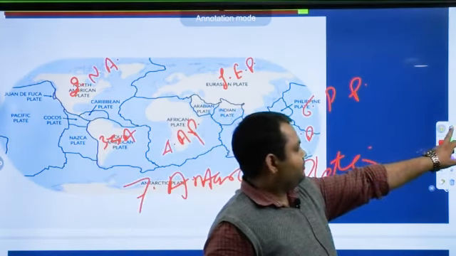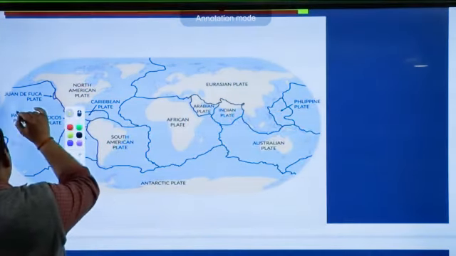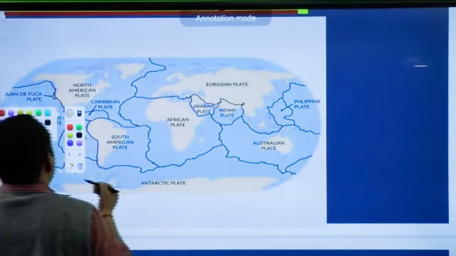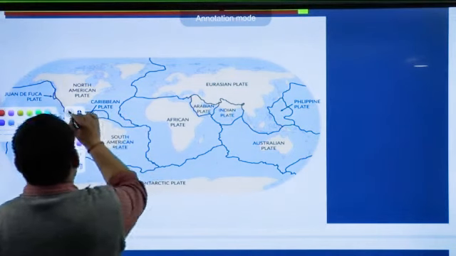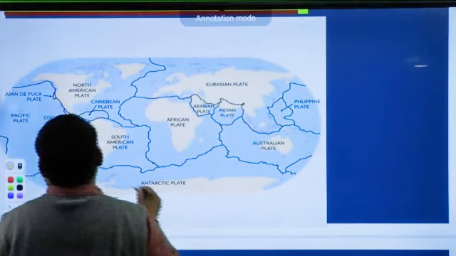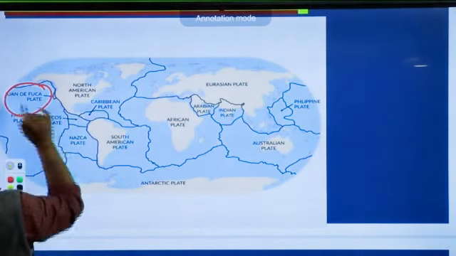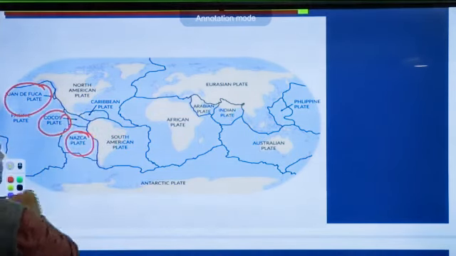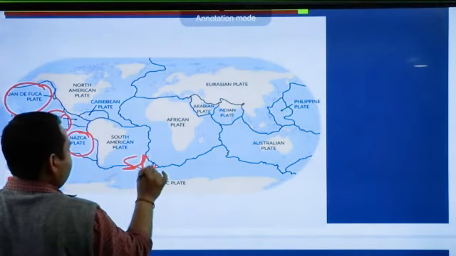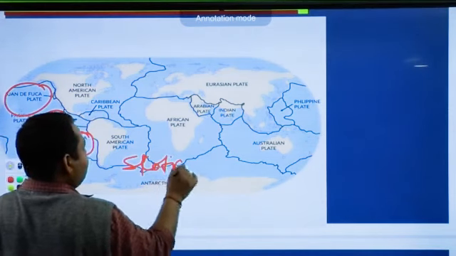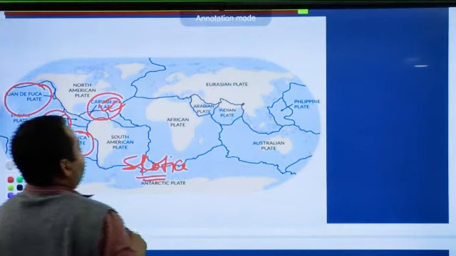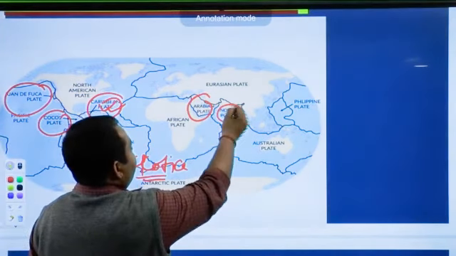Now, we need to know about the minor plates. This one is the Juan de Fuca, Cocos, Nazca. Here is one more plate, Scotia. Then the Caribbean plate, Arabian plate, Indian plate.